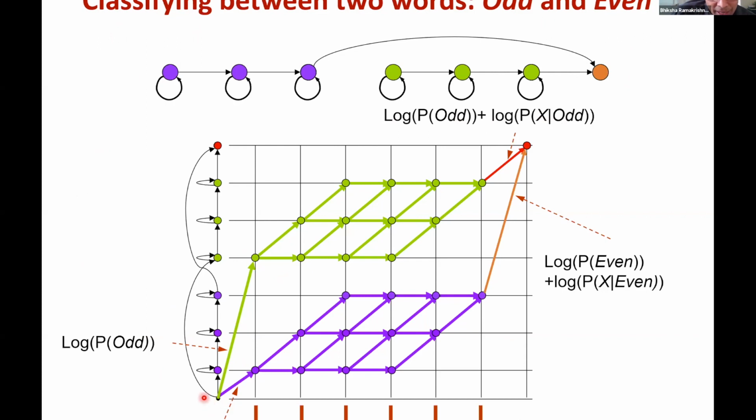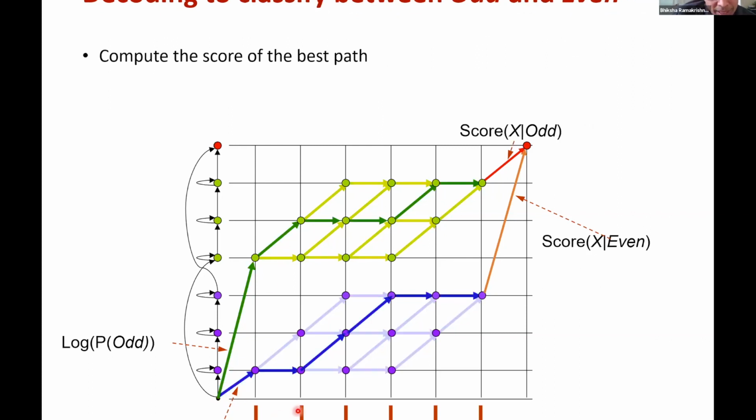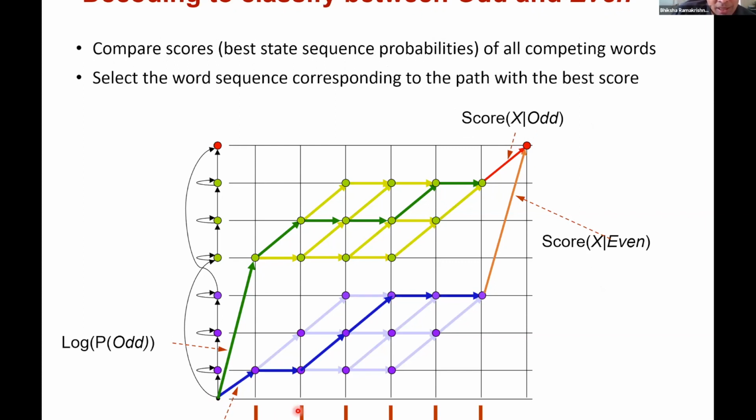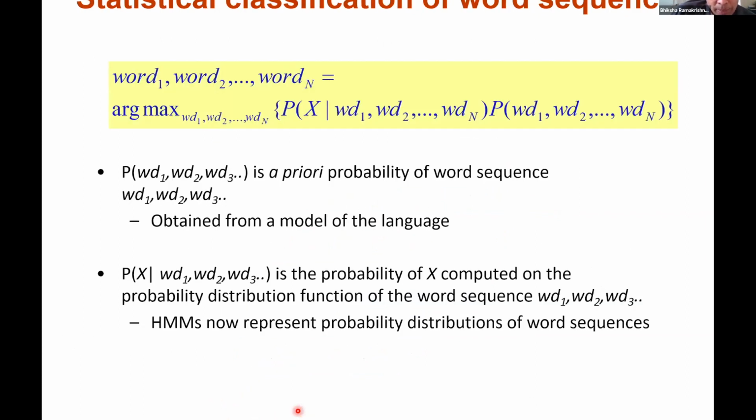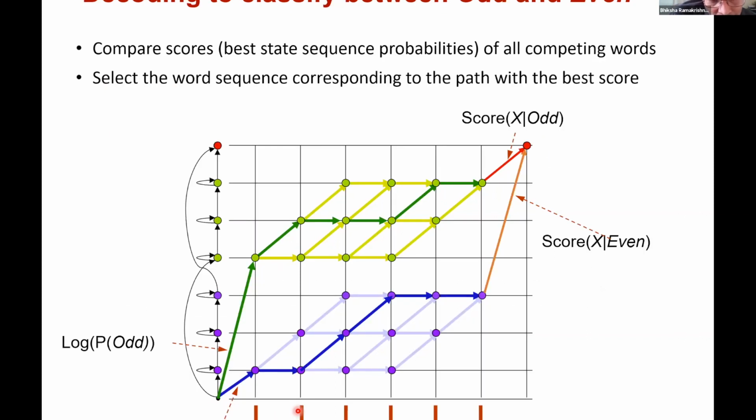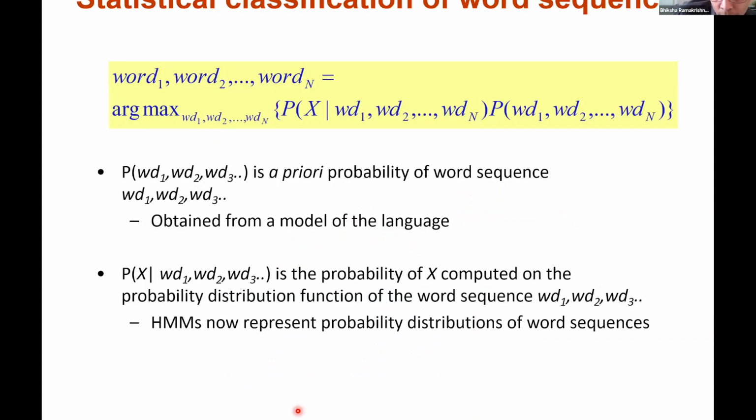Every time I have an edge like this, I'm going to put an edge out here, right? Okay, but anyway, let's stay with that. So I can just compute the score of the best path, compare, and pick the best one, okay? So far, you're with me.